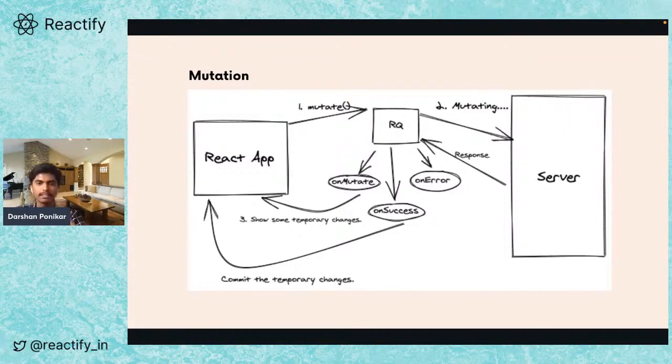So we have to handle 3 different cases. The first one is the success case. The second one is the temporary message that we need to show, saying hold on, your data is being sent. And the third is on error, if something went wrong.